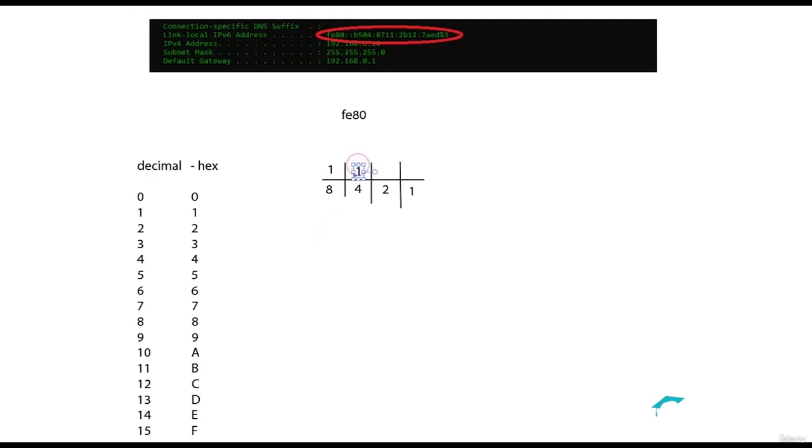And then we can do that for the rest, and since F is the largest value and equals 15, we can just add ones for the last ones. So now we know that the first binary set of this hexadecimal group is going to be 1111, corresponding to the F, and then we can do that for each of the values.